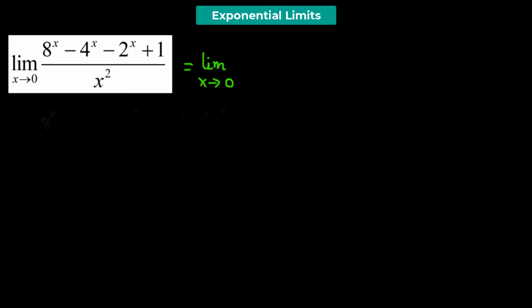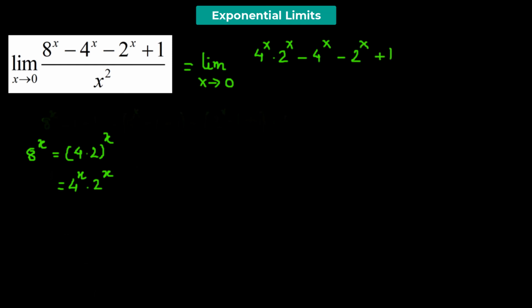So 8 raised to the power of x can be written as 8 is 4 times 2. So that will be simply 4 raised to the power of x times 2 raised to the power of x. So we have 4 raised to the power of x times 2 raised to the power of x minus 4 raised to the power of x minus 2 raised to the power of x plus 1 whole divided by x squared.